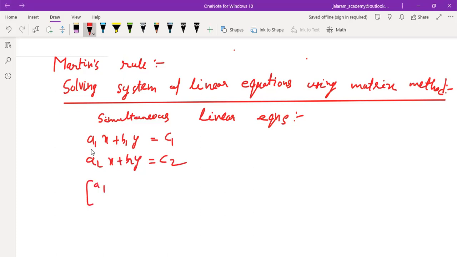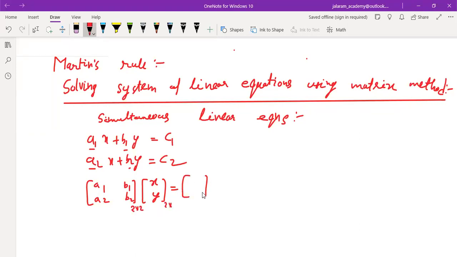So first matrix is formed by the coefficients of x and y. In first row a1 b1, in second row a2 b2. Into that there will be a column matrix having the two elements x, y in its column. Remember this is the matrix of order 2 cross 2. This is the matrix of order 2 cross 1.